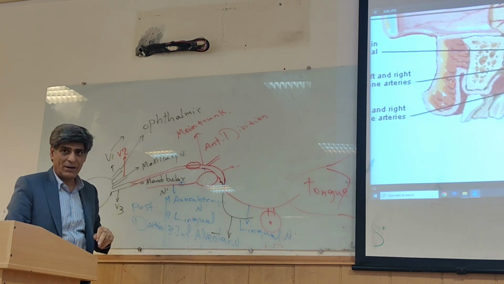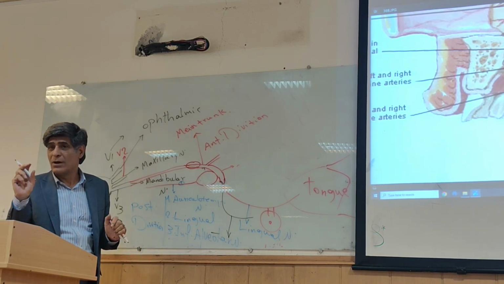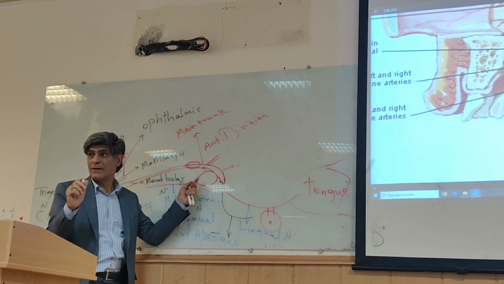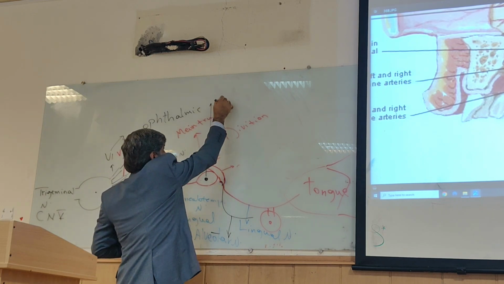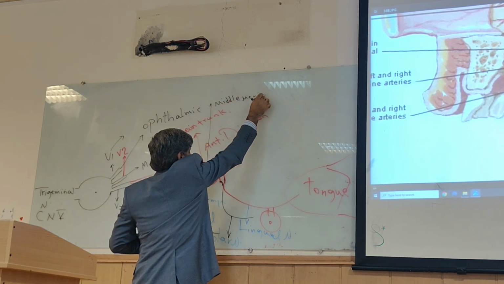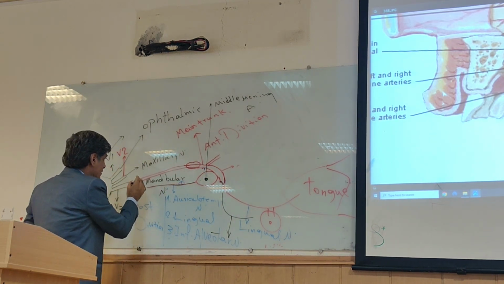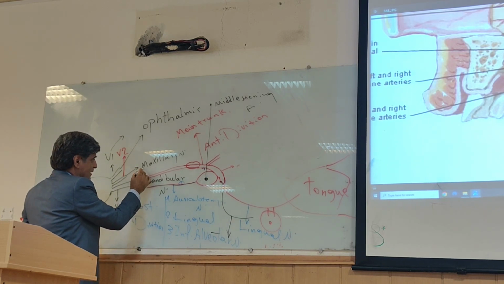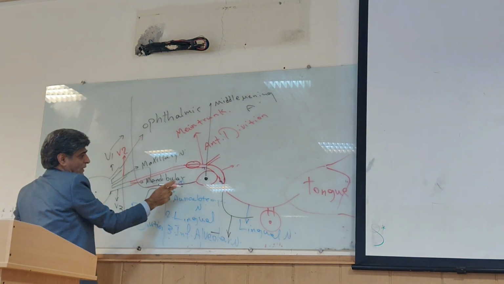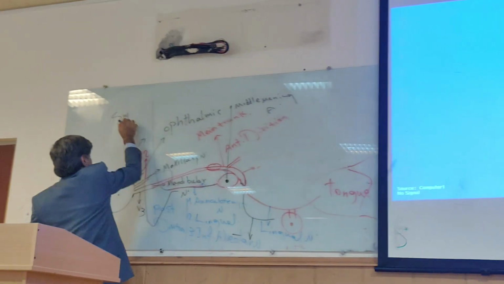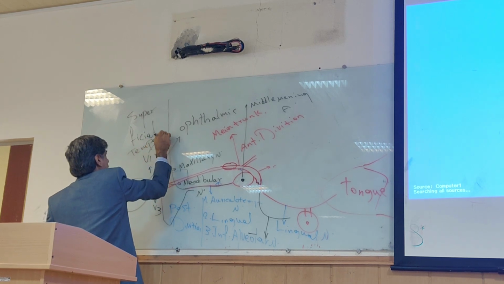The posterior division contains three branches. One branch is the auriculotemporal. Which structure passes through its loop? The middle meningeal artery, a maxillary branch. The auriculotemporal innervates the parotid gland parenchyma, and its upper part changes name to the superficial temporal nerve.